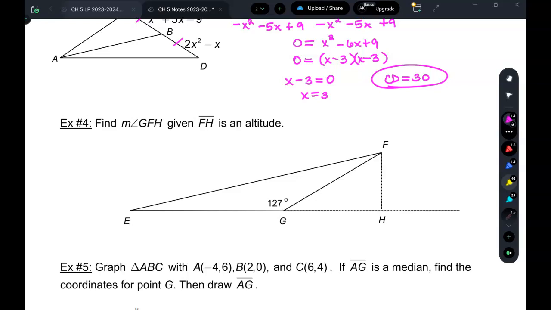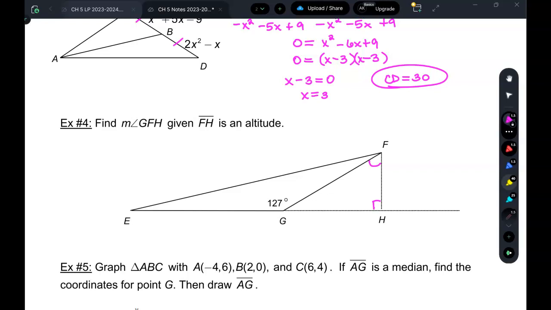Okay, find the measure of angle GFH, right at the top here, given FH is an altitude. If FH is an altitude, that's a right angle. And then what were you saying, Adira?